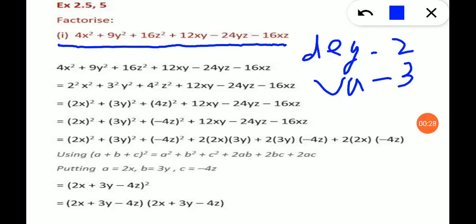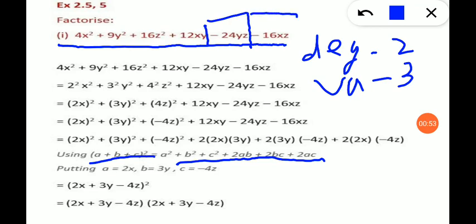So we have only one formula for that, that is (a plus b plus c) whole square. But we know that in the formula there is no minus sign, no negative sign, but the question consists of minus sign. So we will look at which terms consist of minus sign. So there are two terms, minus 24yz and minus 16xz.